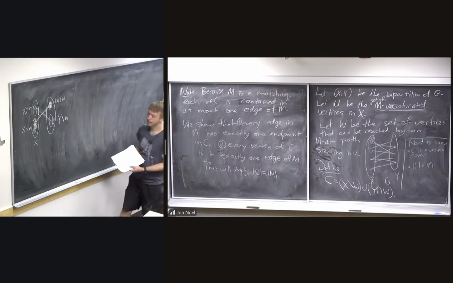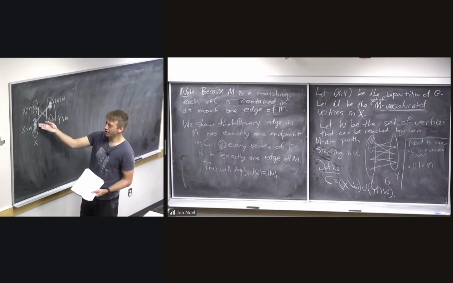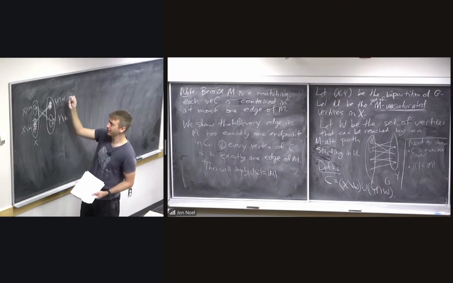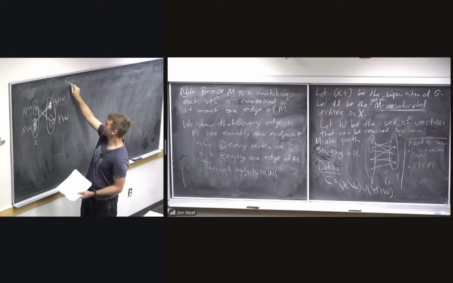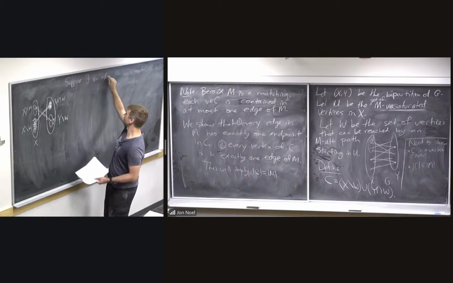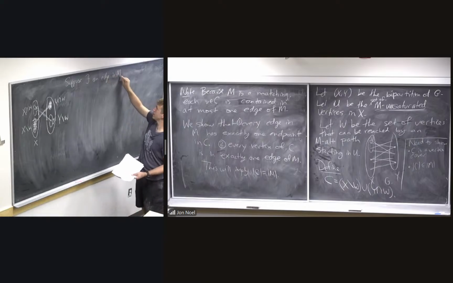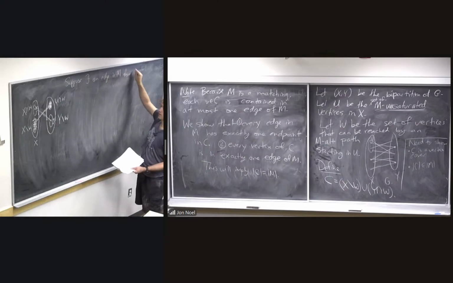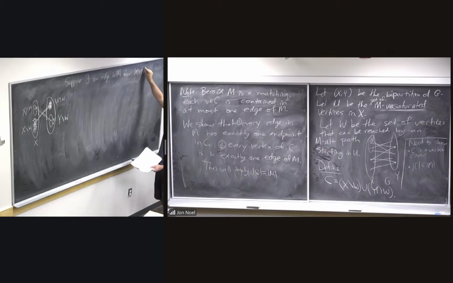But the only way this can go wrong is if there are two endpoints in C. So suppose there exists an edge in M from X minus W to Y intersect W. Again, I want to get a contradiction from that.